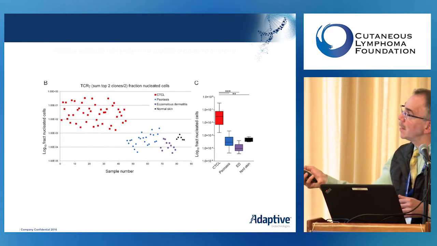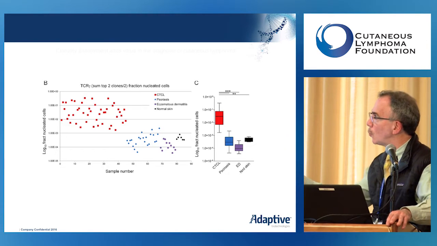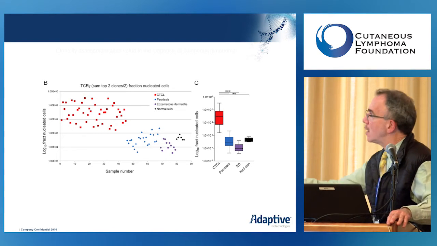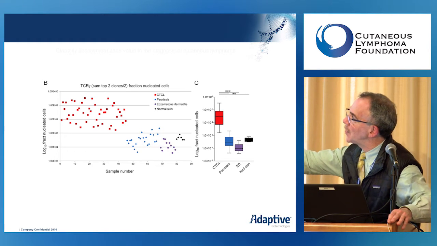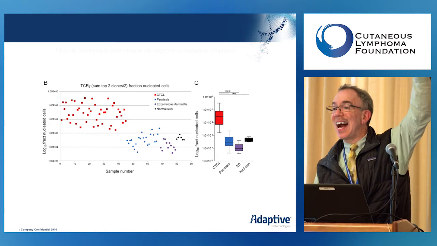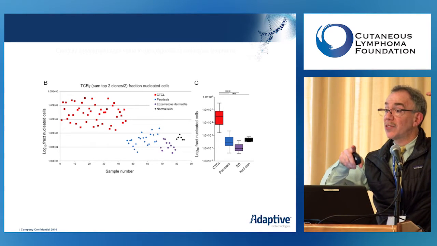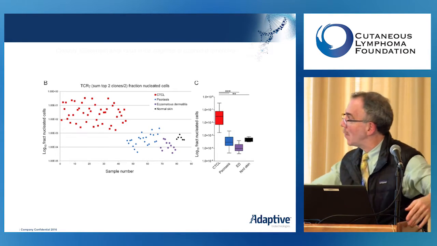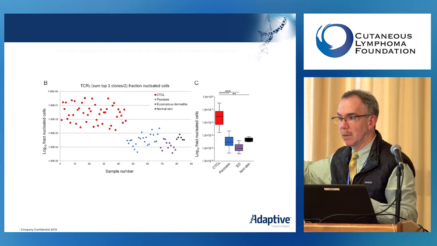And what you see in this example is that those samples that came from patients with cutaneous T cell lymphoma, on the y-axis here, that's the size of the clone that carries a specific T cell receptor sequence. And on this x-axis are just the different patients, okay?